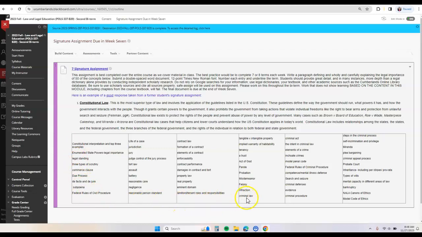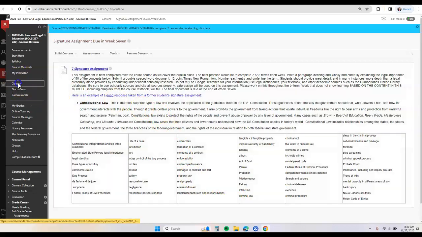So you can be working on this as you go through the weeks, doing a little bit at a time instead of waiting all until next week to get it done, because I do want 4 or 5 well-constructed sentences showing that you can take the definition of the term and the concept that was presented in the class and have a fuller understanding of these legal concepts.